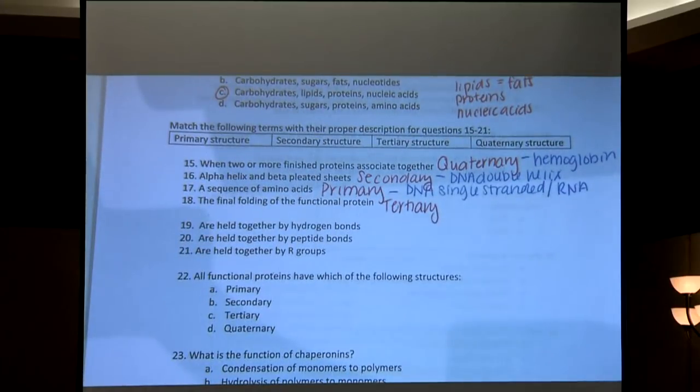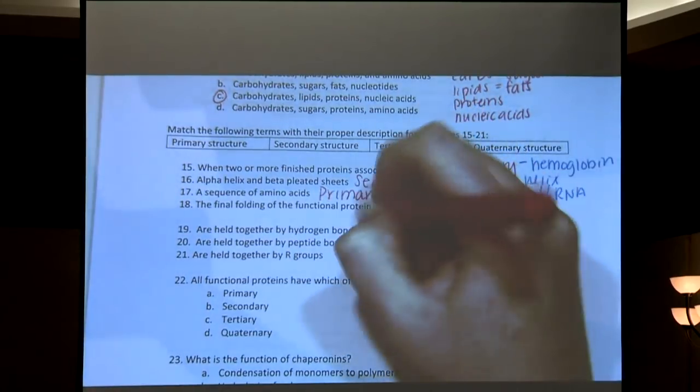Which of these are held together by hydrogen bonds? If we think about some of our examples, where do we see hydrogen bonds helping us hold things together? Good, so our secondary.